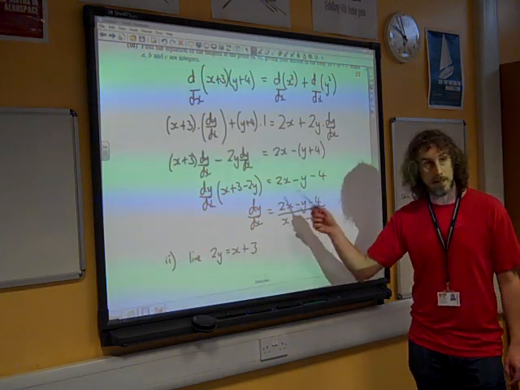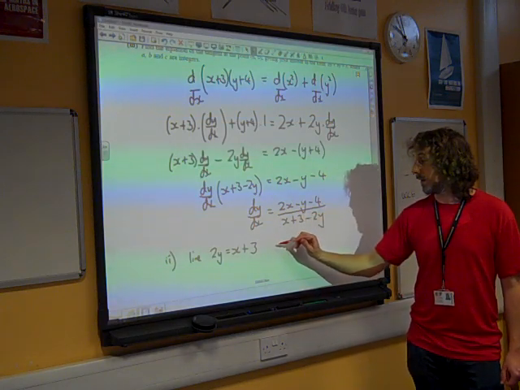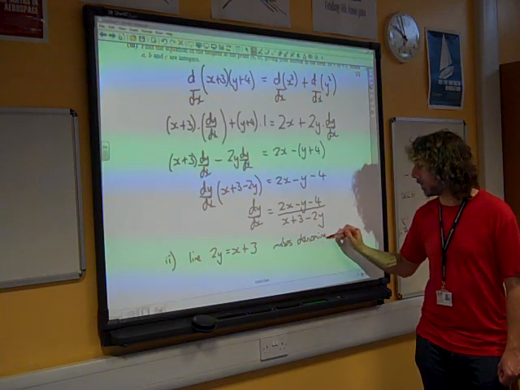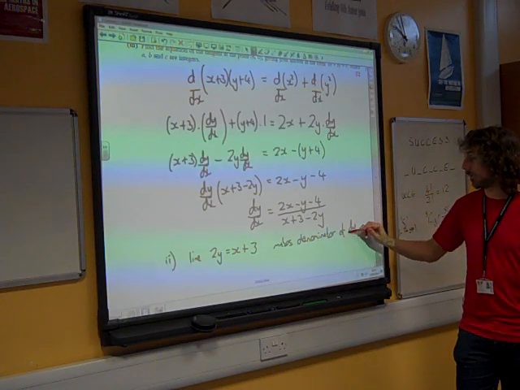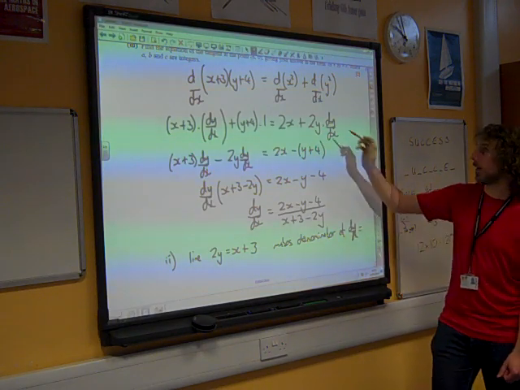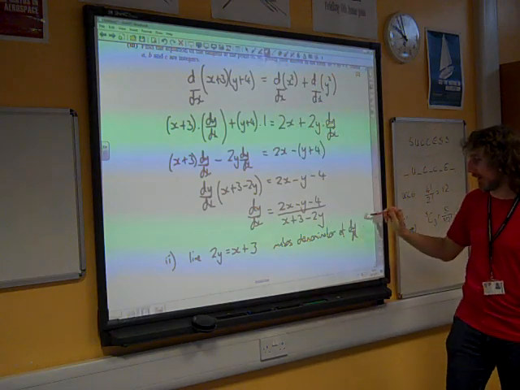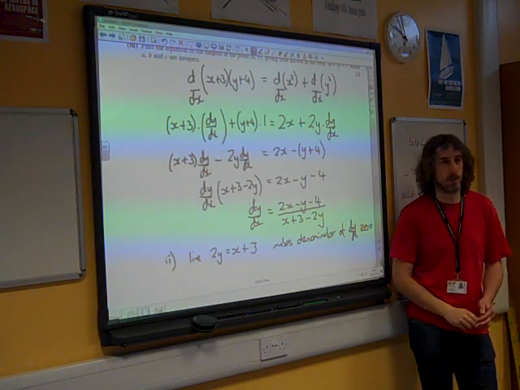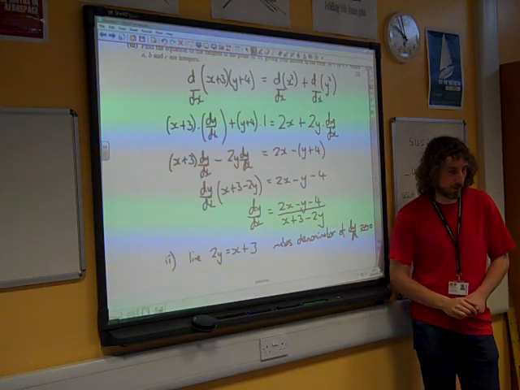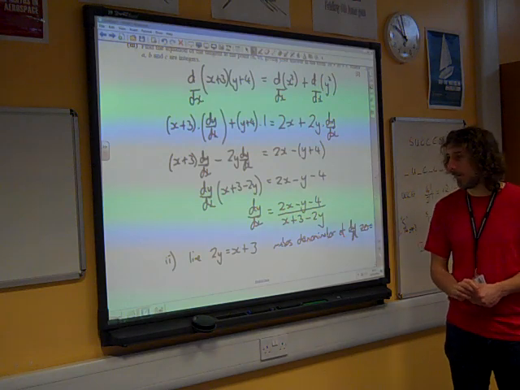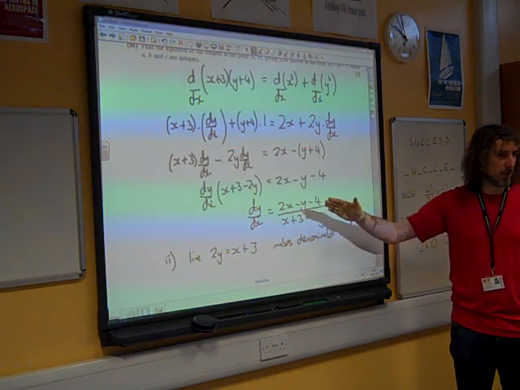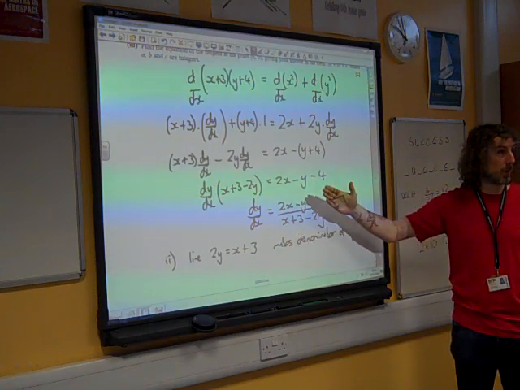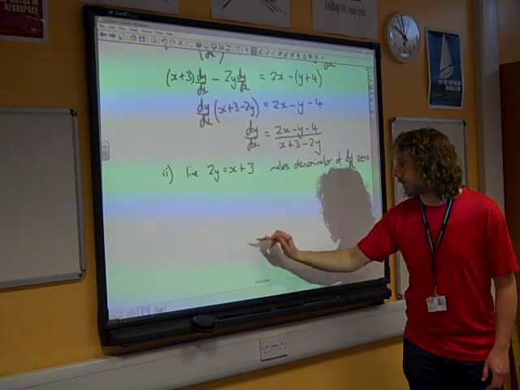So where that meets this curve, it makes the denominator of dy/dx 0. I don't want to write equals 0, because that implies a horizontal stationary point. So what did we just say? If the denominator of dy/dx is 0, then dx/dy would be 0, wouldn't it?